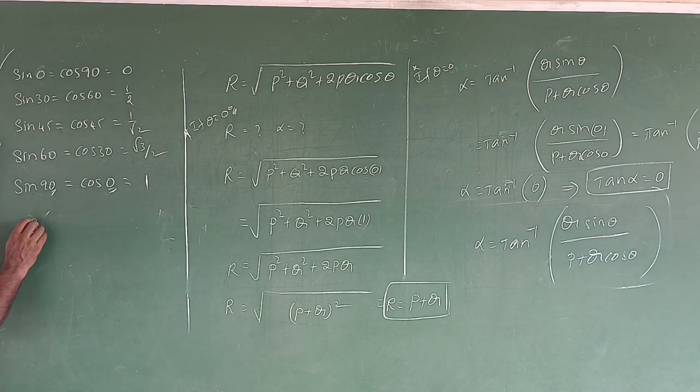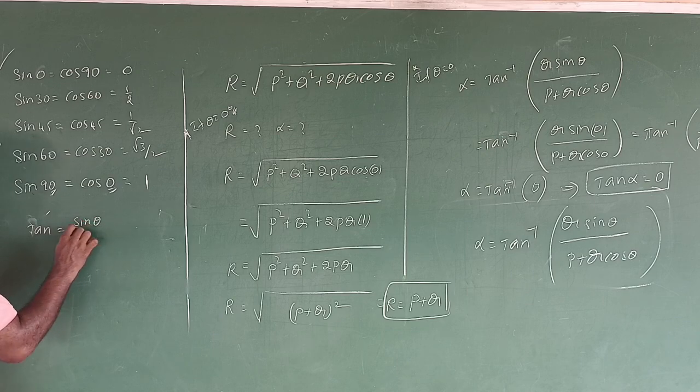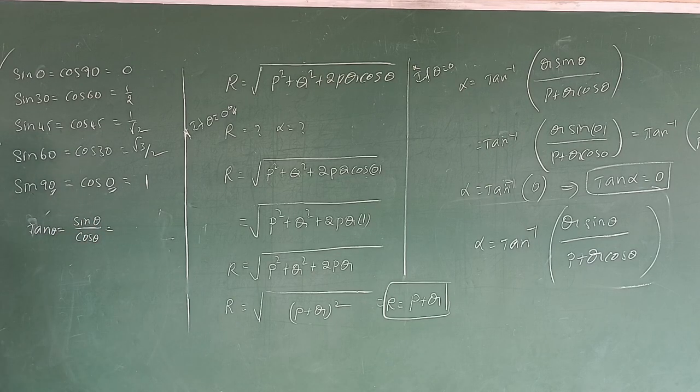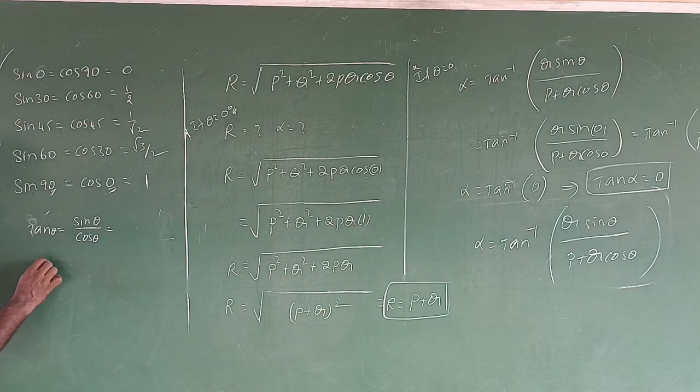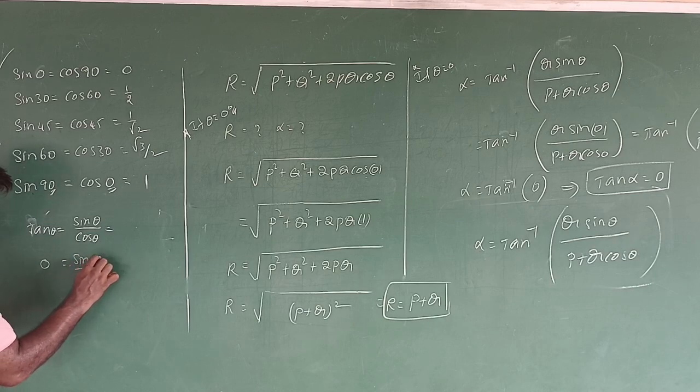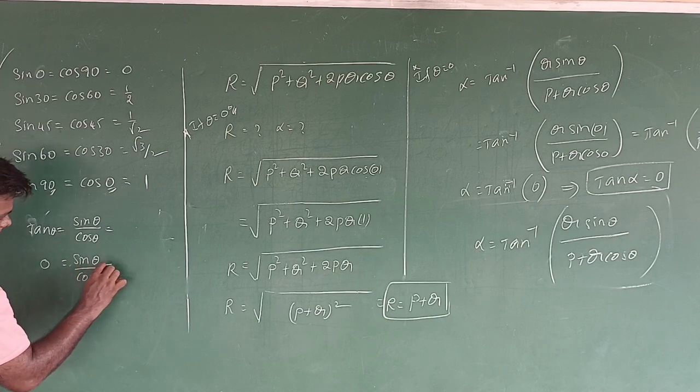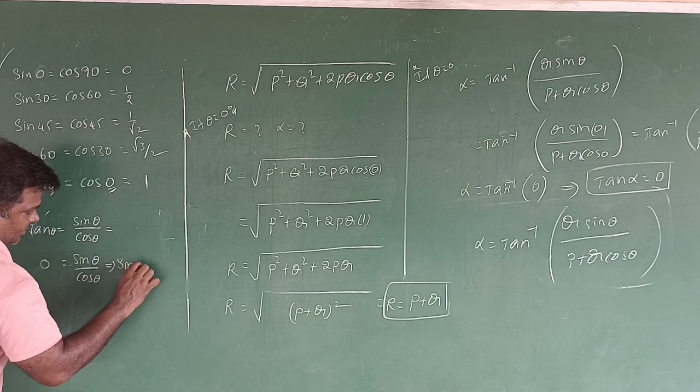Tan theta is equal to sin theta by cos theta. Instead of theta you are getting alpha. You write here 0 is equal to sin theta by cos theta, implies sin theta is equal to 0 into cos theta.